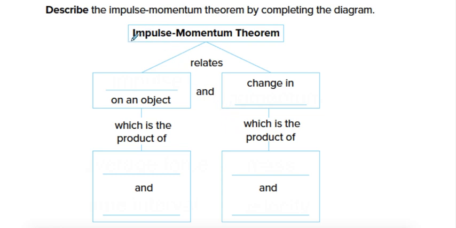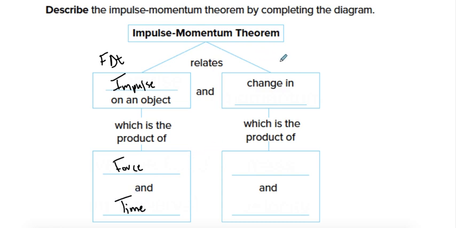So let's see if we can figure out how the impulse momentum theorem relates to things in the chart below. On the left side of the equation we have F delta t, so this could be the impulse on an object, which is the product of the force and the time.